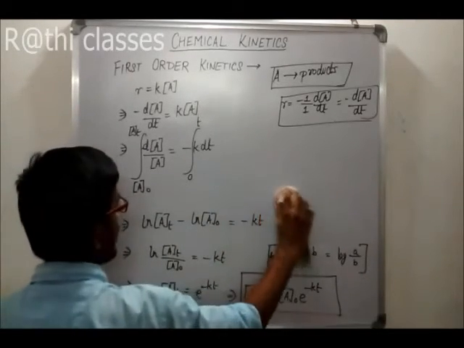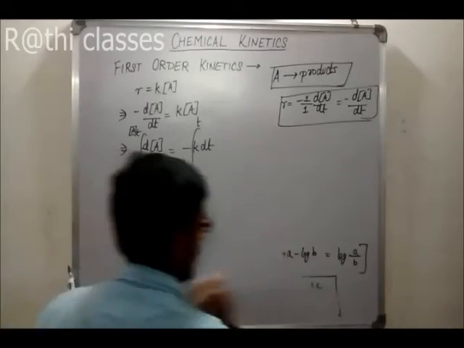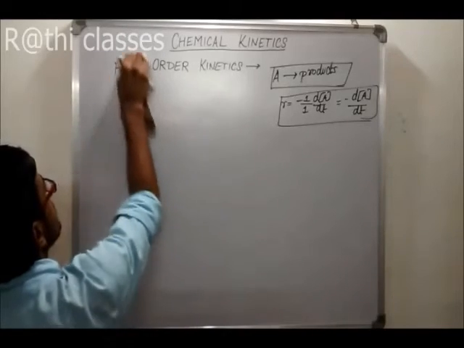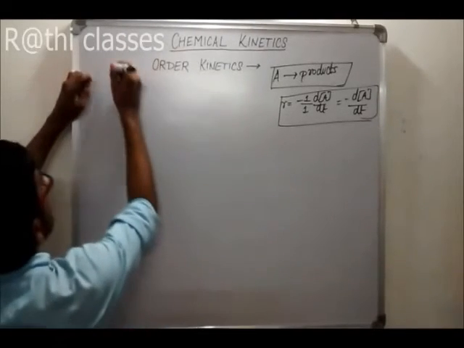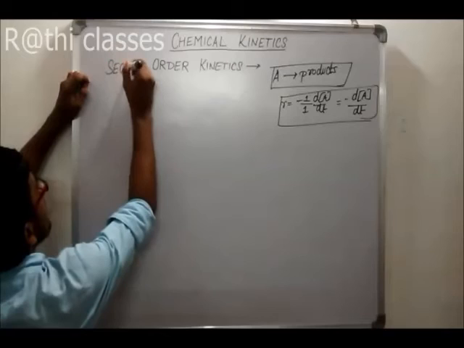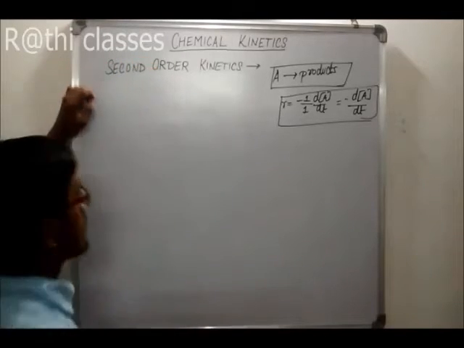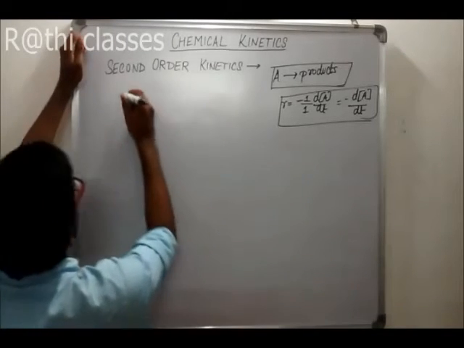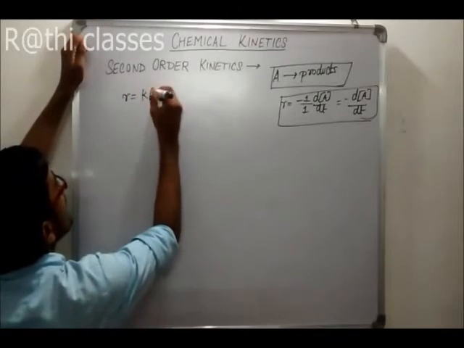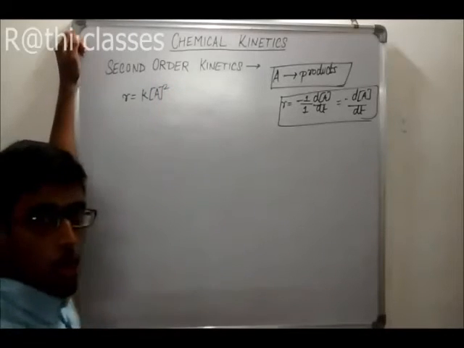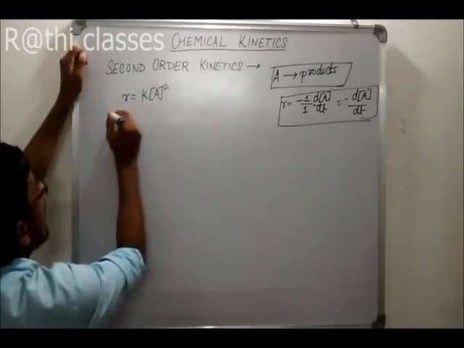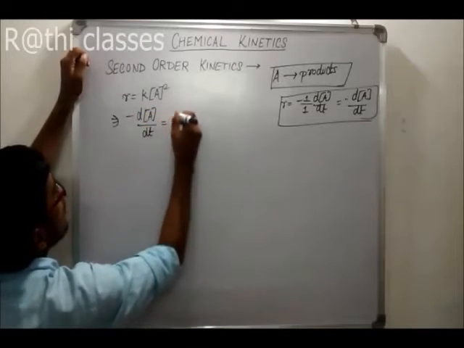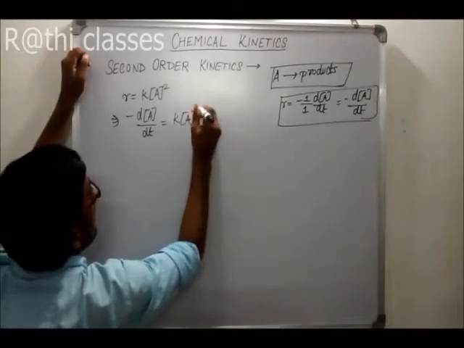Now, for the second order kinetics, we use a similar procedure. We write R equal to K into A to the power 2 for second order kinetics, or replacing this we get minus dA upon dt is equal to K A to the power 2.